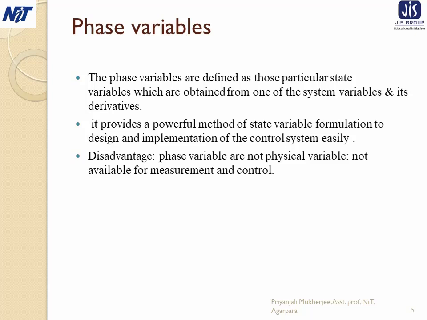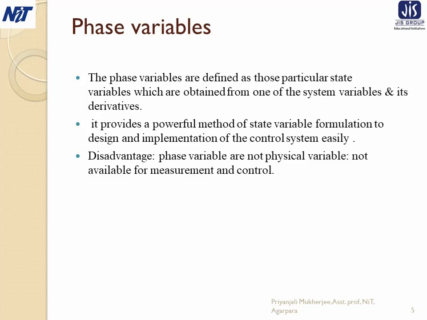The canonical form is also classified into controllable canonical form, observable canonical form, diagonal canonical form, and Jordan canonical form. We have already discussed the physical variable form and the canonical variable form in other videos. So here we will consider the phase variable form.